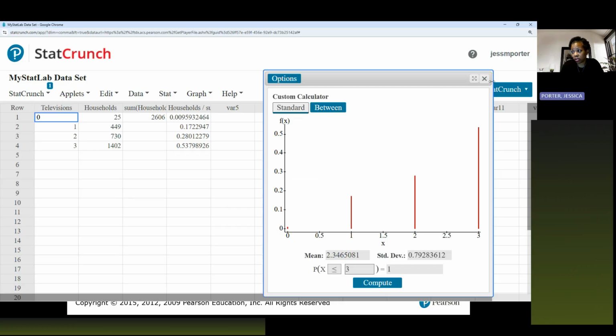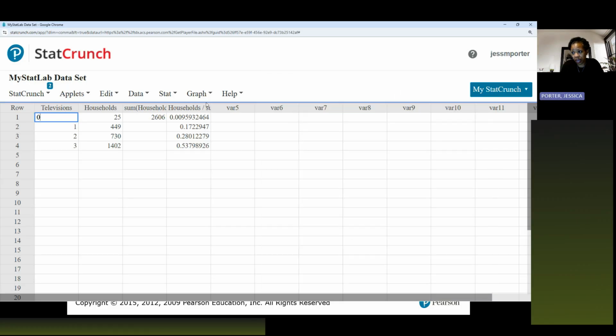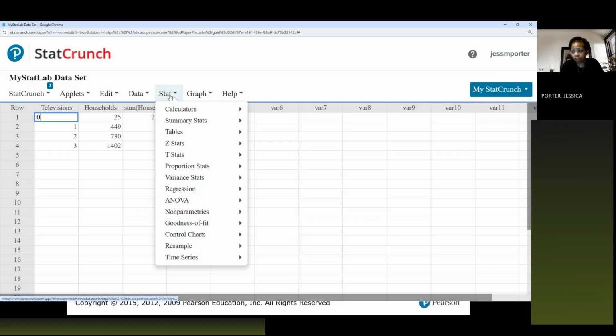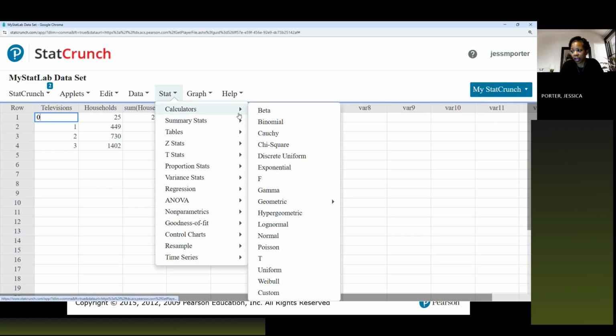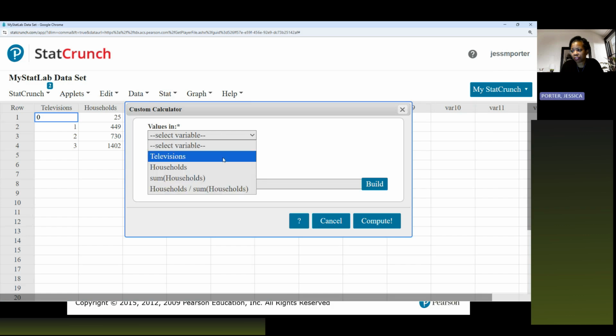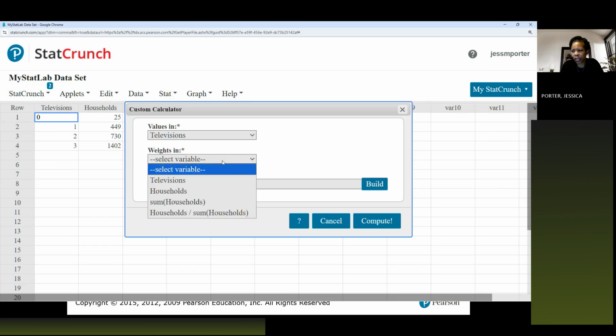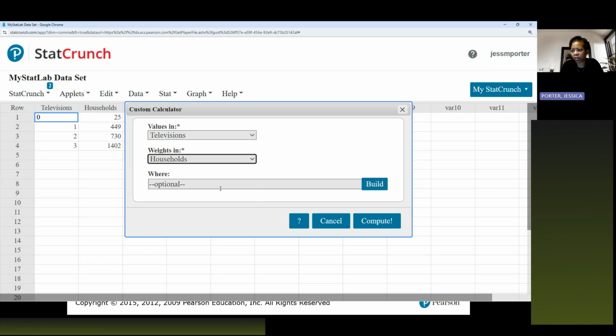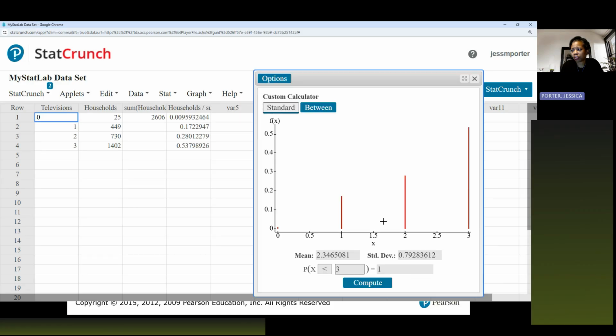So in StatCrunch, stat, calculators, custom, values are in televisions, weights are in households, and then compute. This gives us the graph.